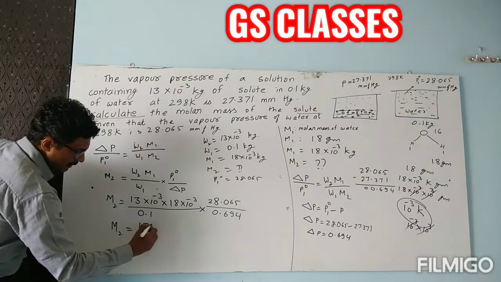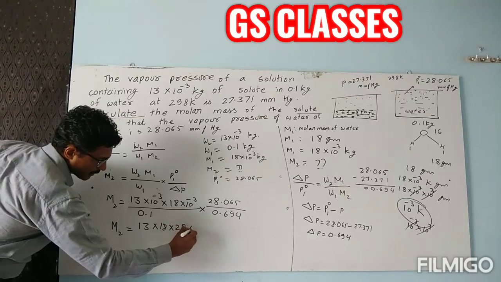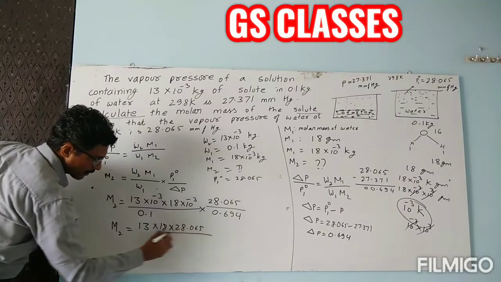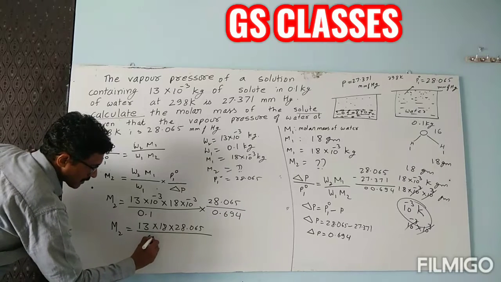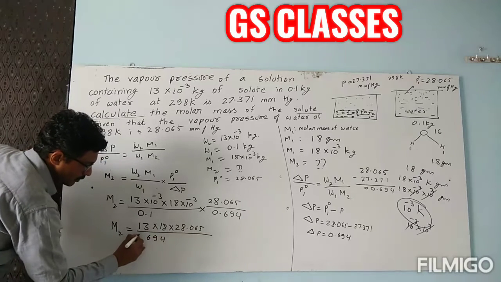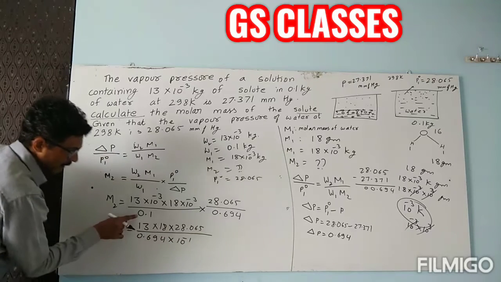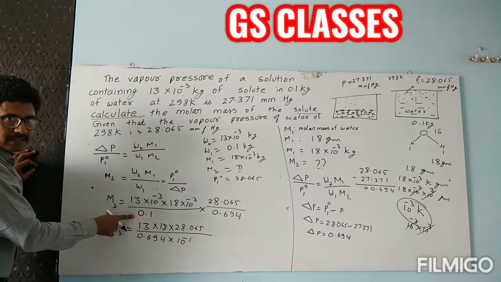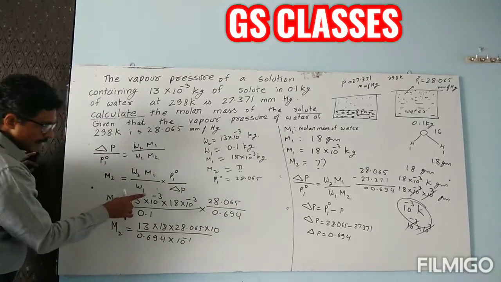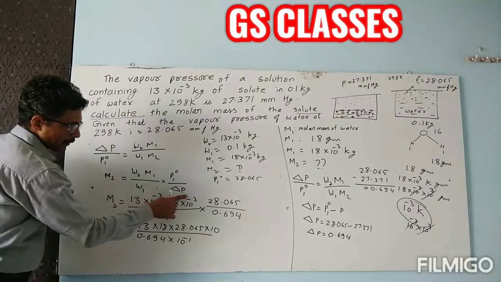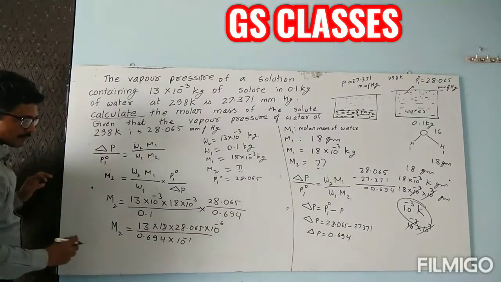I am writing 13 into 18 into 28.065 divided by 0.694 into 10 the power minus 1. This 0.1 I am writing as 10 the power minus 1. Here, 10 the power minus 3 and 10 the power minus 3 will become 10 the power minus 6.